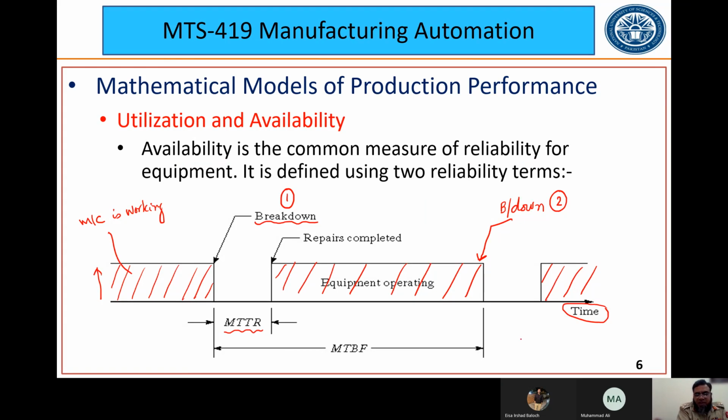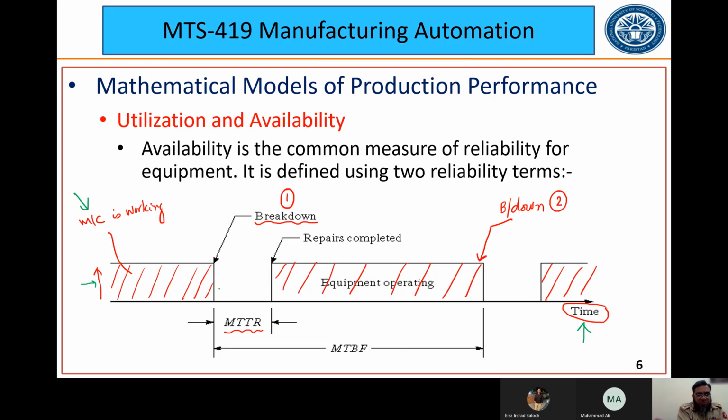If this is the time on the x-axis, and this shows that the machine is working, this is the uptime, the up status, which means the machine is working.